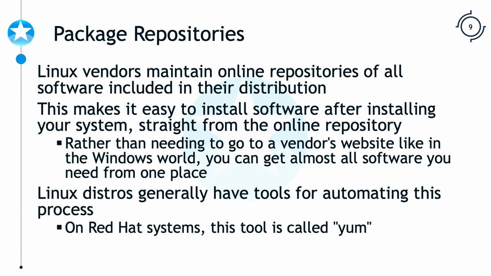Now, a lot of these packages are going to be available online. What I don't want to have to do is go find the name of the package and the exact URL and get the latest and greatest version number correct. Instead, I can use my package repository to do that for me. On my Red Hat systems, I can use a tool called Yum.